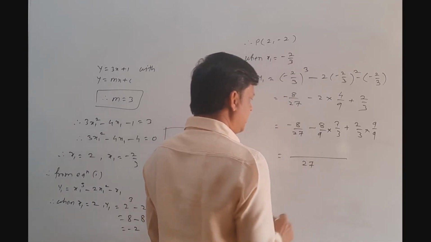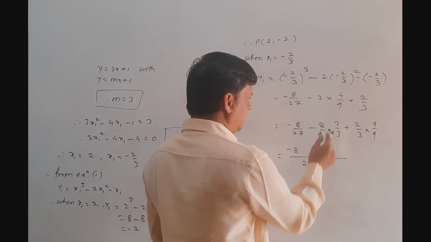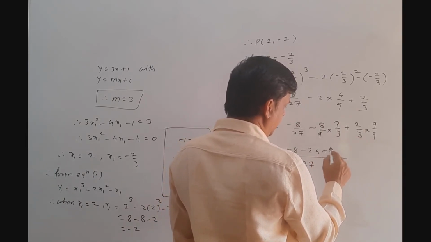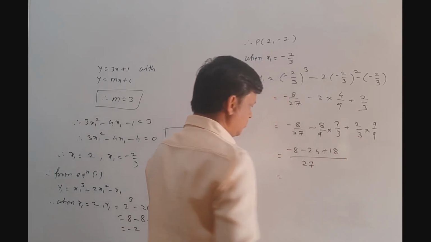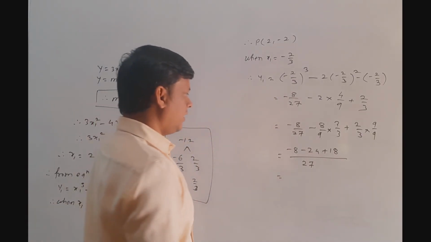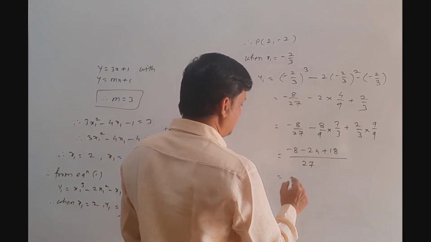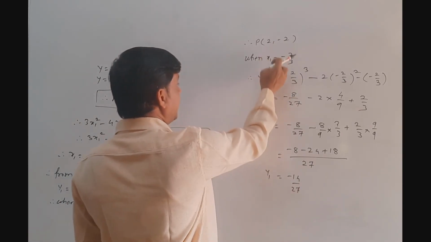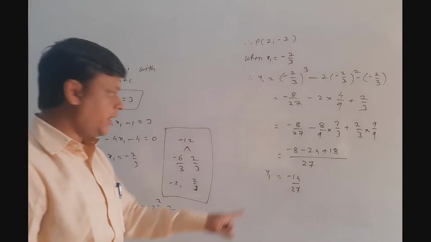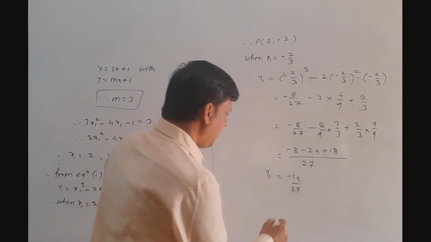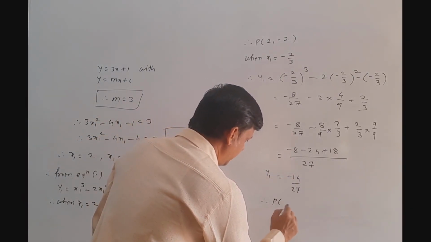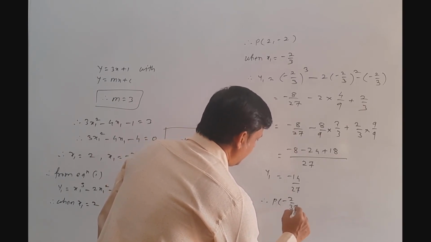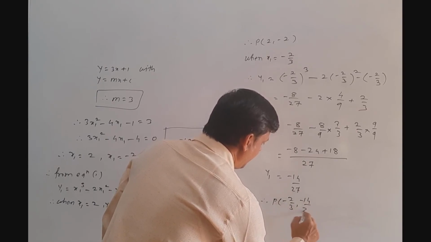So we write here 27 minus 8, 3 eights are 24, so minus 24, 2 nines are 18, so plus 18, which is equal to minus 14 by 27. So when x1 equals minus 2 by 3, we get y1 equals minus 14 by 27. Therefore coordinates of point P are minus 2 by 3 and minus 14 by 27.